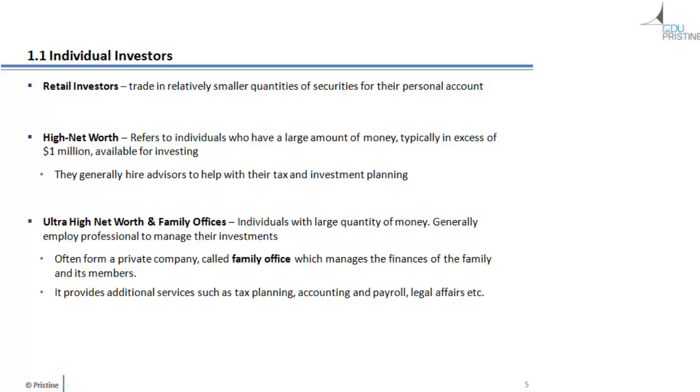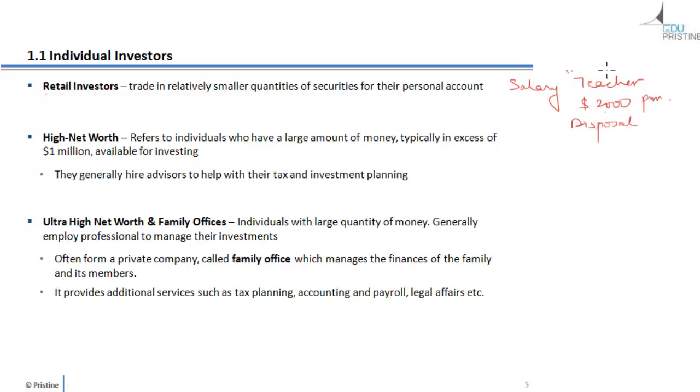So before jumping on to the institutional ones, let's look at the individual investors, wherein we say that a retail investor is a normal investor, let us say, and it's obviously illustrative, a salaried person, like a school teacher who is able to save, let us say, $2,000 per month, which is disposable.